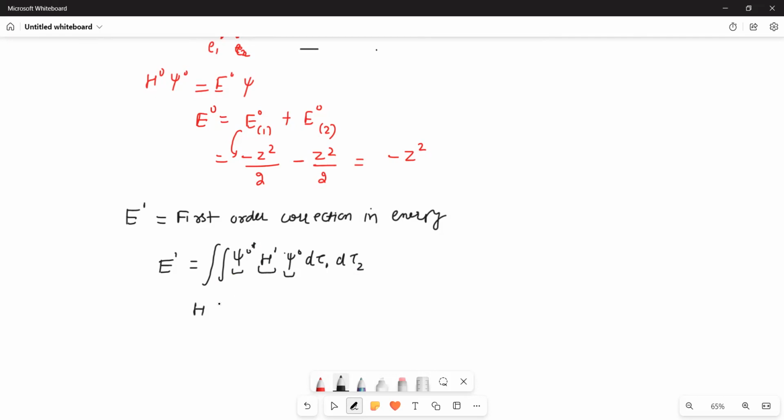We know H dash is equal to 1 upon r12. So we will write E dash equals to a double integration. Psi naught was equal to Z cube by pi, e raised to power minus Z times r1 plus r2.